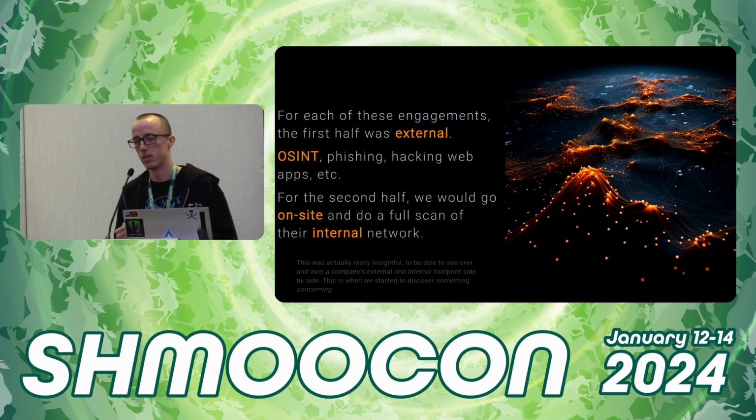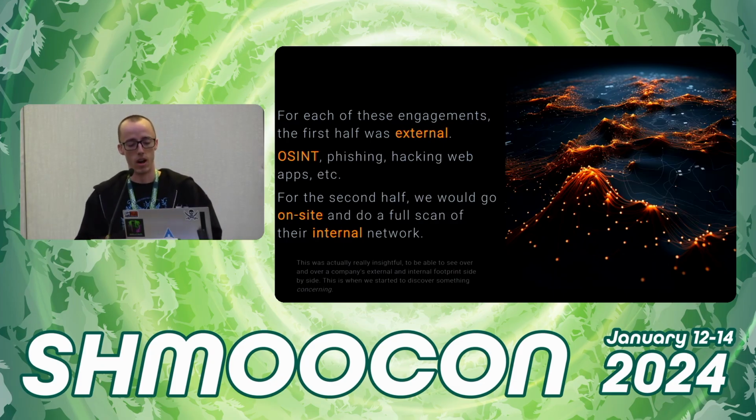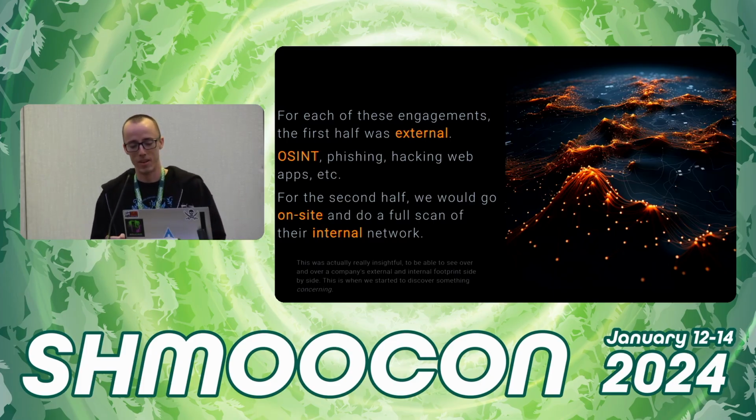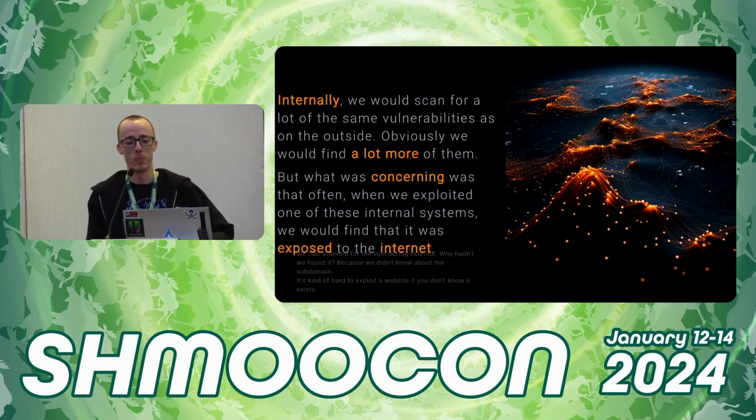This was really insightful because it allowed us to see the external side of a company, and then immediately after that, the internal side, and see what was exposed and what wasn't, and how they compared. But then we started to discover something really concerning.